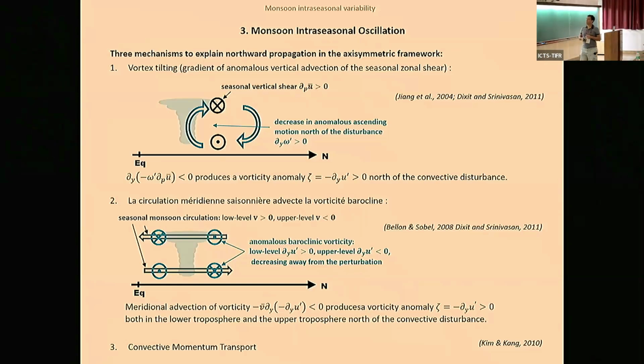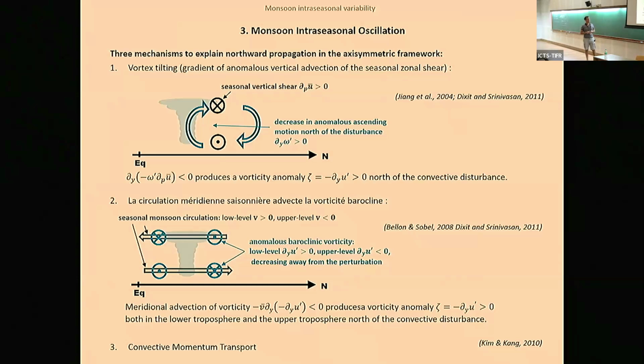The second mechanism I proposed in a paper with Adam quite a while ago now. And the idea is more that you have the mean meridional circulation that's going poleward in the lower levels and equatorward in the upper levels.